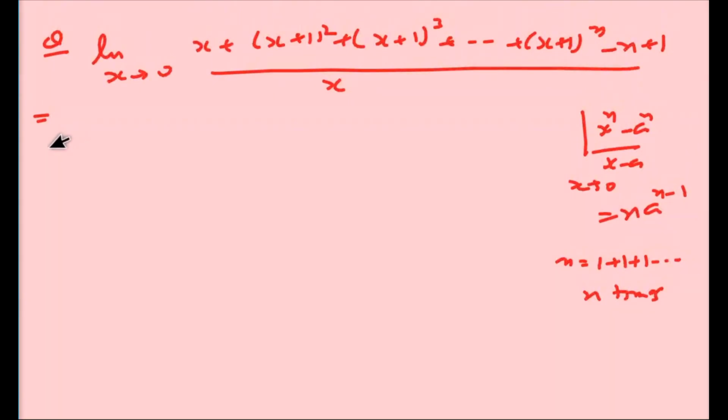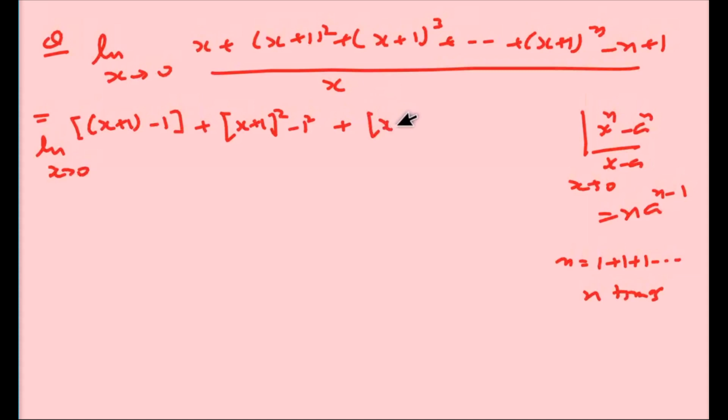So we can write here this way: x plus 1 minus 1, plus (x plus 1) square minus 1 square, plus (x plus 1) cube minus 1 cube, dash dash dash, (x plus 1) to the power n minus 1 to the power n.